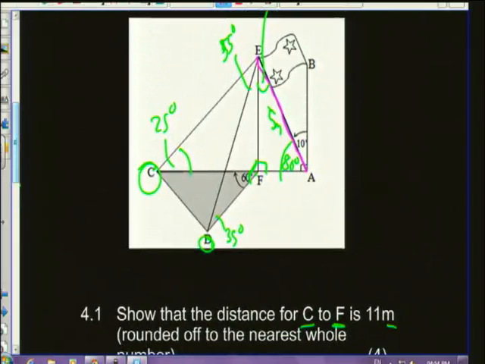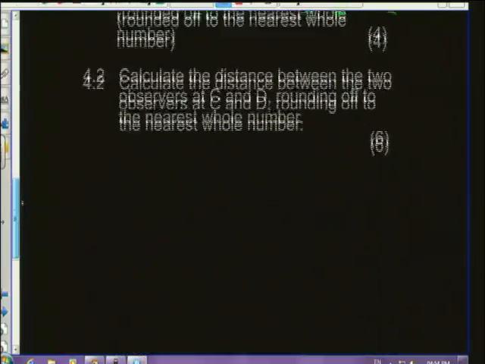So the CF is in triangle CFE, okay? But here we can easily find EF, okay? Because we have the R, we need to work out the Y, and we've got the angle there, okay? So we can use sine.